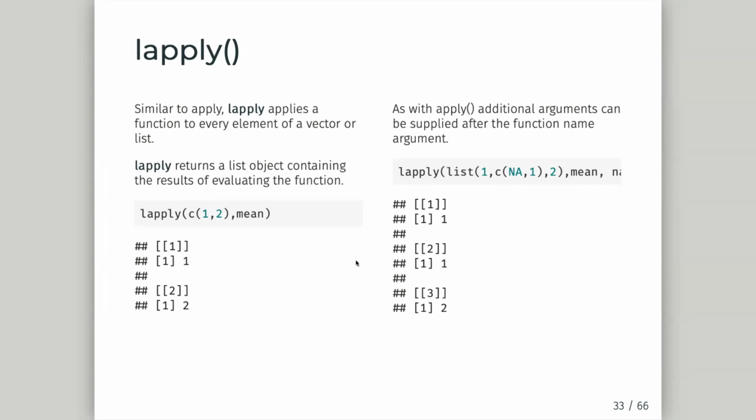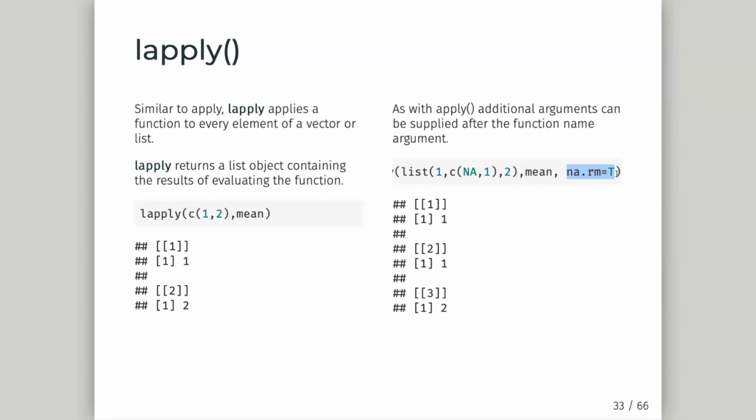Similarly, I'm going to work on a list here. So I'm going to loop through this list. The first element is going to be 1. The second element is going to be a vector containing an NA and 1. And the third element will be 2. So if I did this without any additional arguments, I would get a warning and an NA. But I'm going to supply to mean an additional argument here, which is very useful: na.rm equals TRUE.